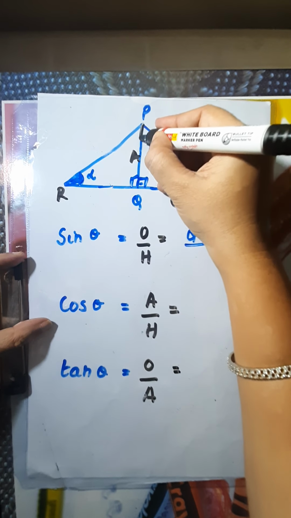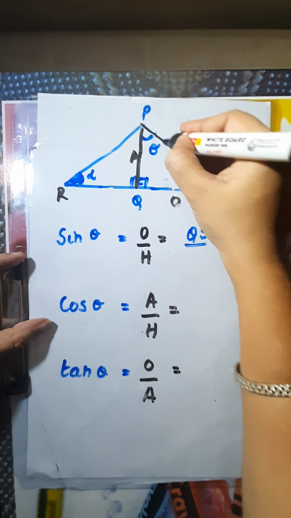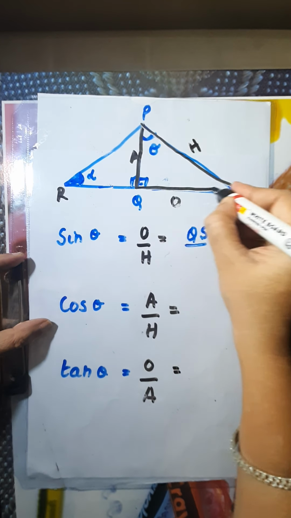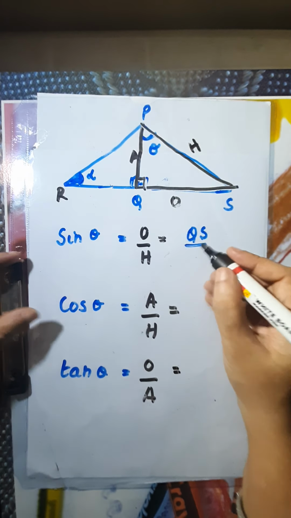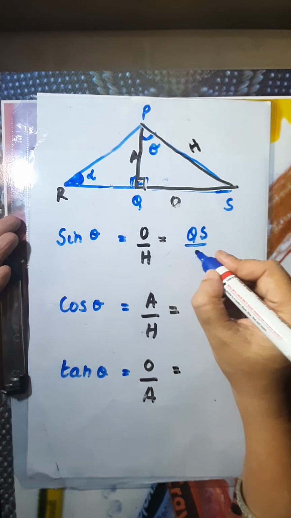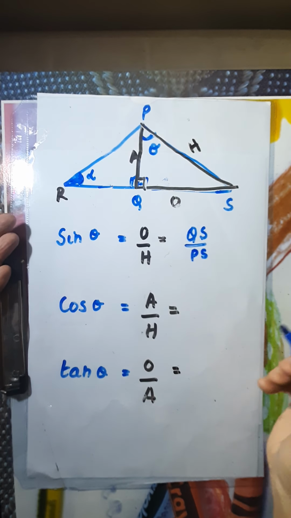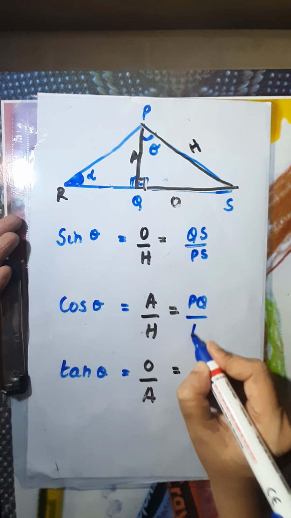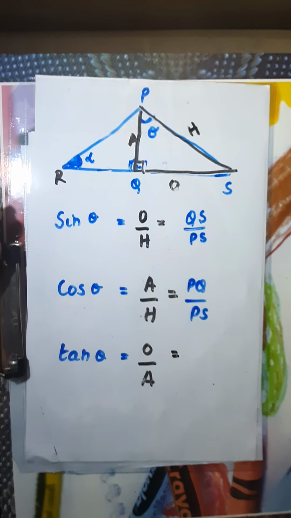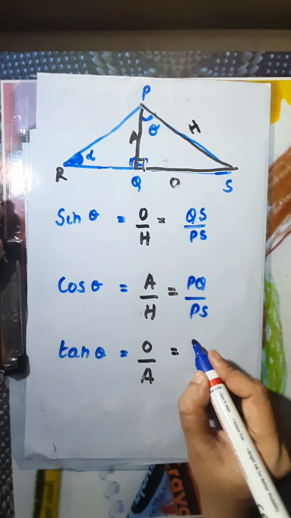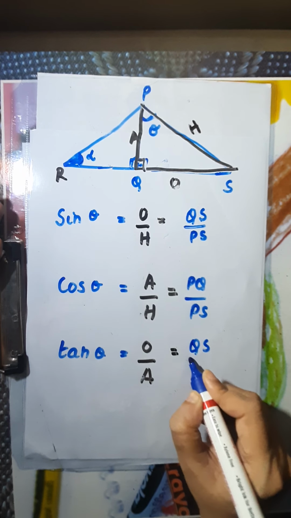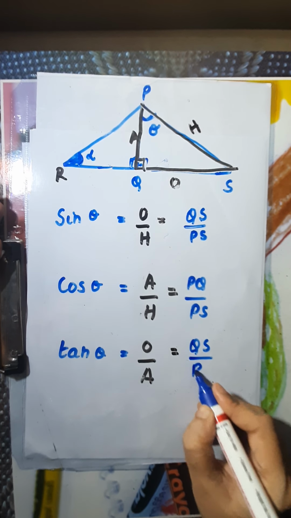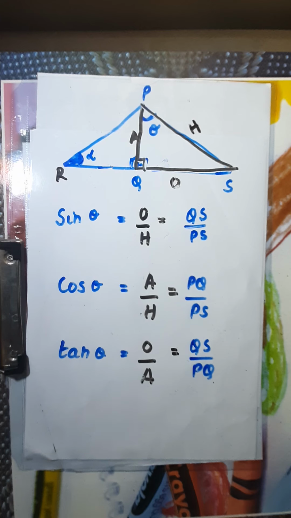Now this is PQ upon PS and this is QS upon PQ. Okay, that's it. So this is my first exercise of trigonometry.